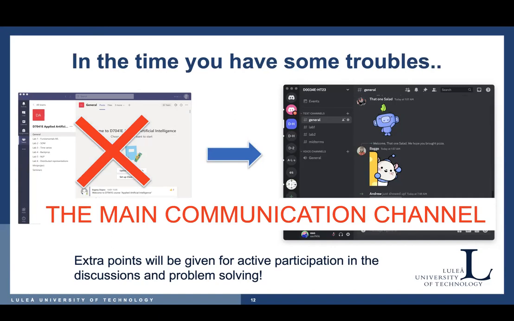So here we have Discord. I hope you're happy with this. And I see many of you have already subscribed to the server. Is there anybody who didn't subscribe to the server in this class? You should.